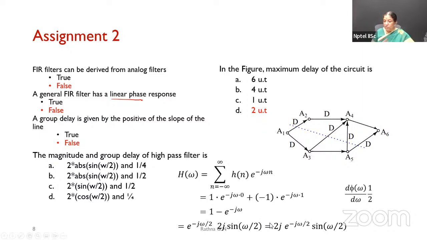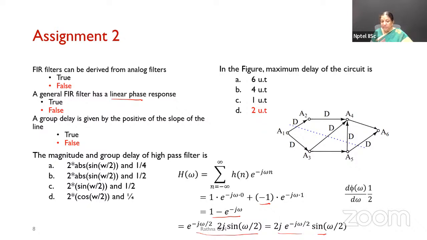As you can see, the example has been considered here. You will see that it is h of n times e power minus j omega n. Considering this is a high pass filter, it is 1 minus e power minus j omega. What we get is 2j e power minus j omega by 2 into sine of omega by 2.